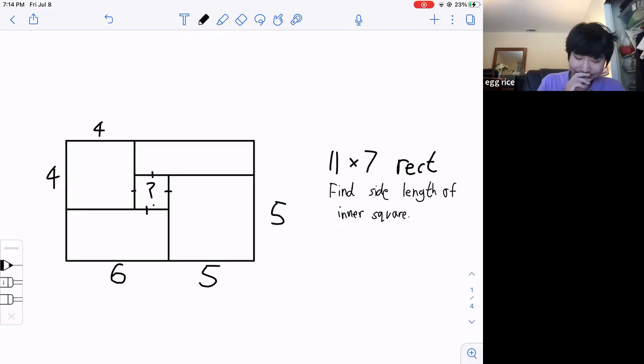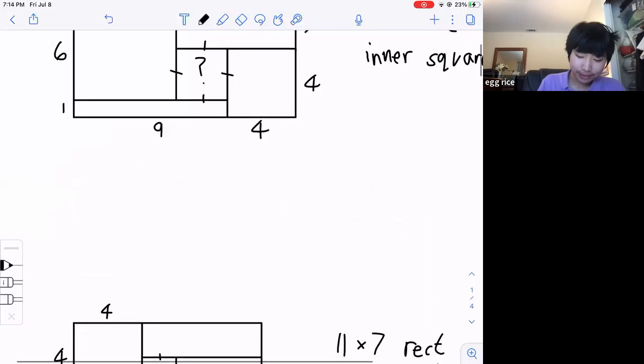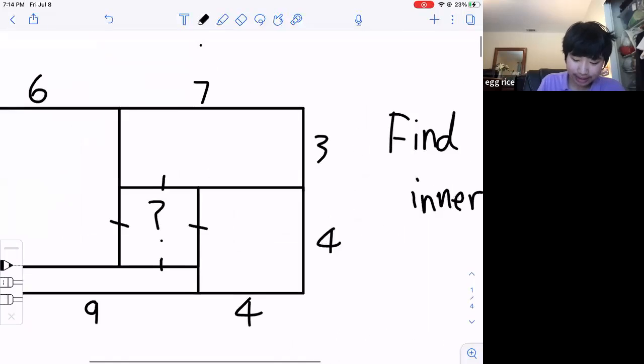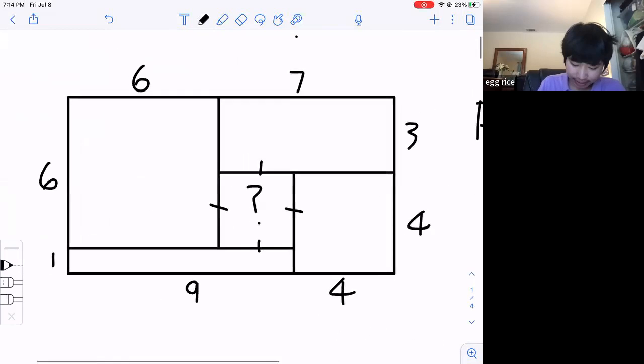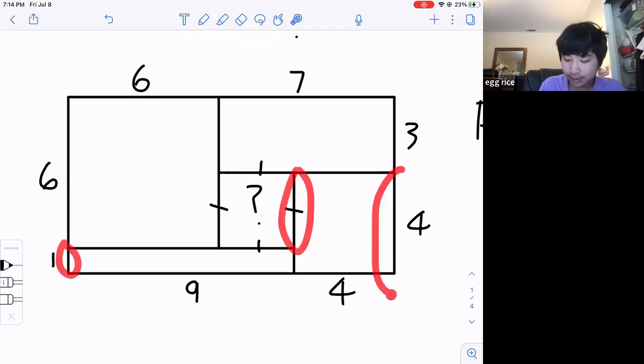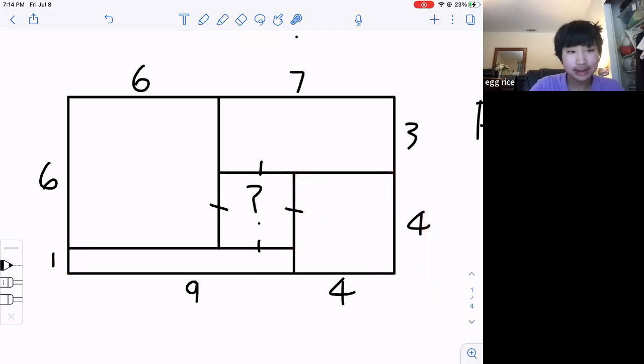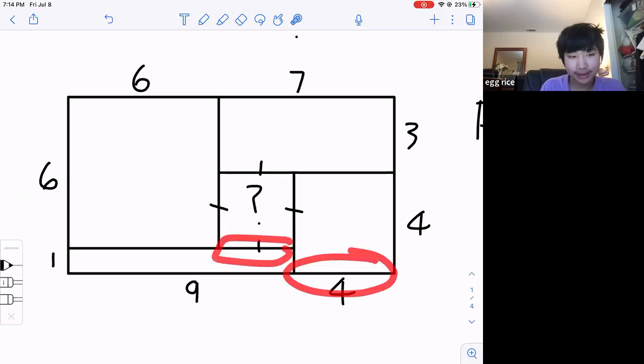If you remember, what we did before was subtract 4 minus 1, because we saw that this length here plus this length here had to equal 4, right? Makes sense. And also on the left side, 4 plus this 3 equals 7.